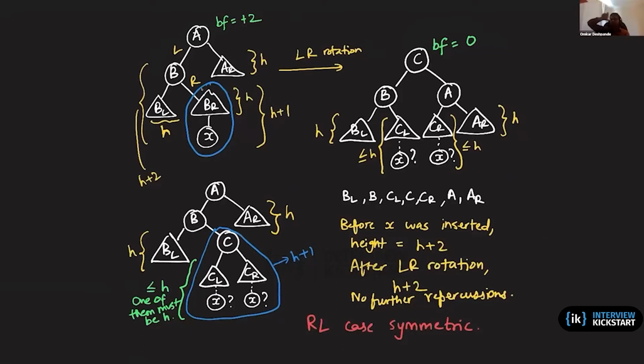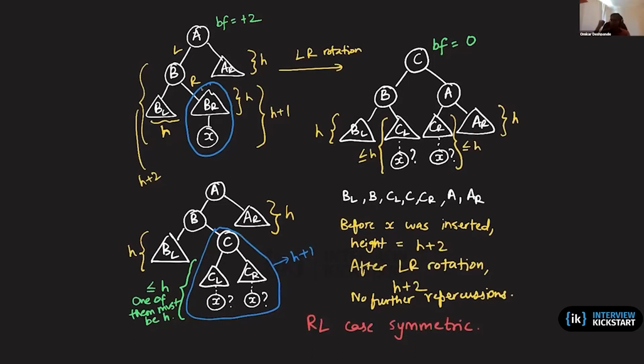Once that ancestor is fixed, because the height of that ancestor subtree did not overall change, the branching factor is fine, there are no further repercussions up. As we are going up, updating the balance factors, we are spending a constant amount of time on each node. Even at the ancestor where things are violated, whether it's LL, LR, RR, or RL rotations, each can be done in constant time.